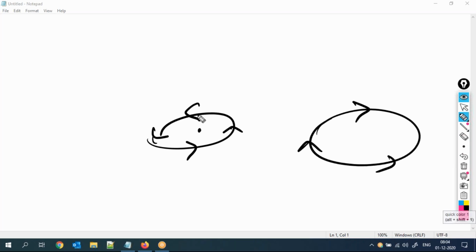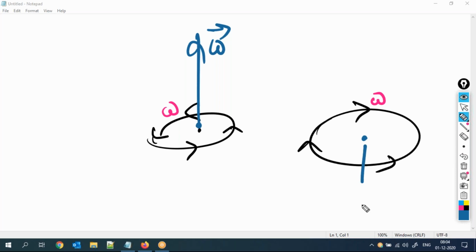What is omega? Omega is this. What is direction of omega? So direction omega is this one. And in this case, direction omega is this one. Any question? No, sir.